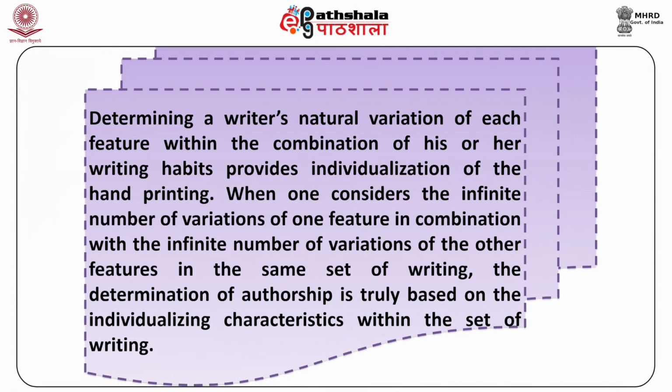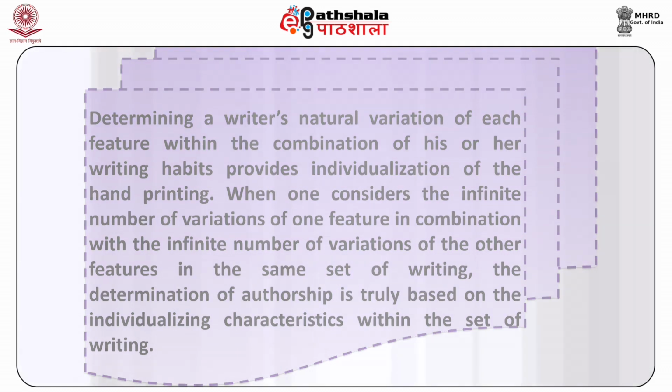Determining a writer's natural variation of each feature within the combination of his or her writing habits provides the individualization of the handprinting. When one considers the indefinite number of variations of one feature in combination with the indefinite number of variations of the other features in the same set of writing, the determination of authorship is truly based on the individualizing characteristics within the set of writing.